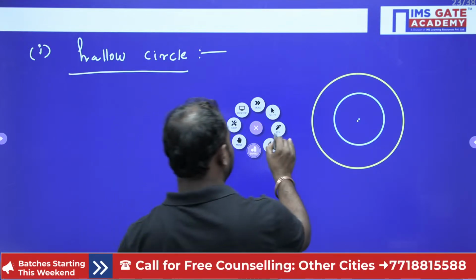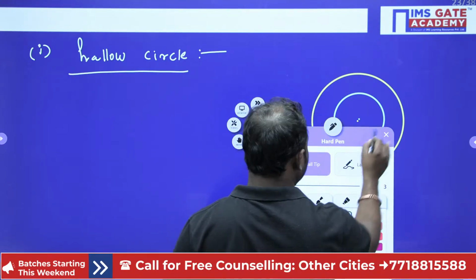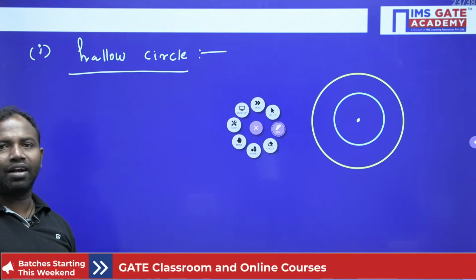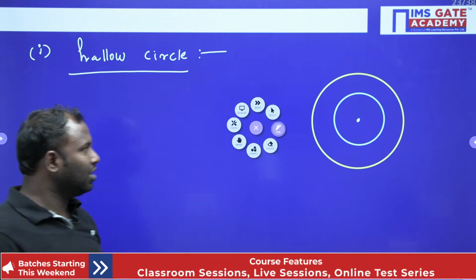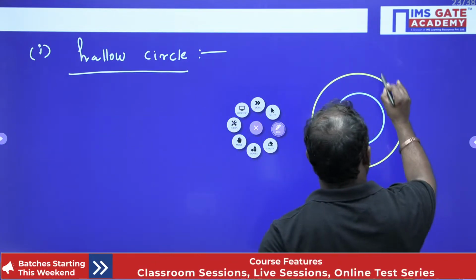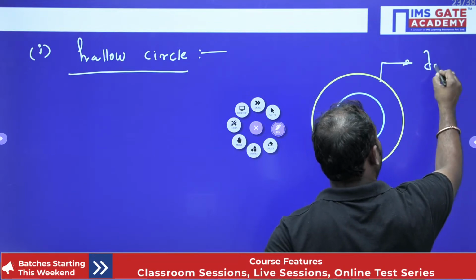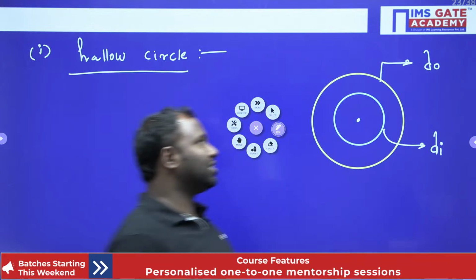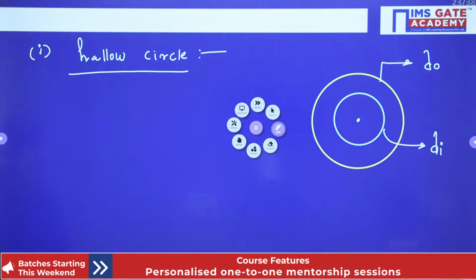Say this is my center of these two. One is the inner circle, another one is the outer circle. Say this diameter is d0 and this diameter is di.